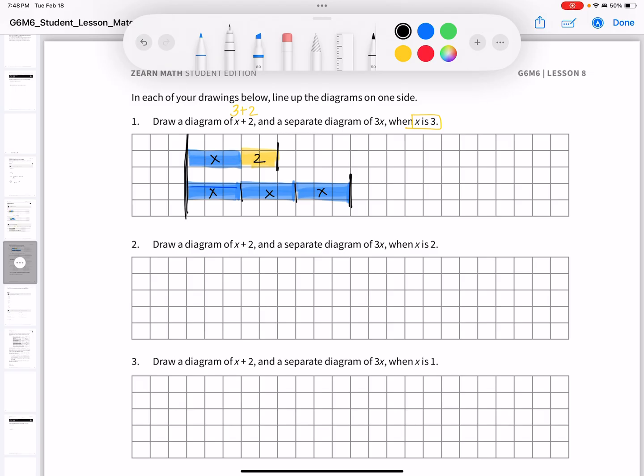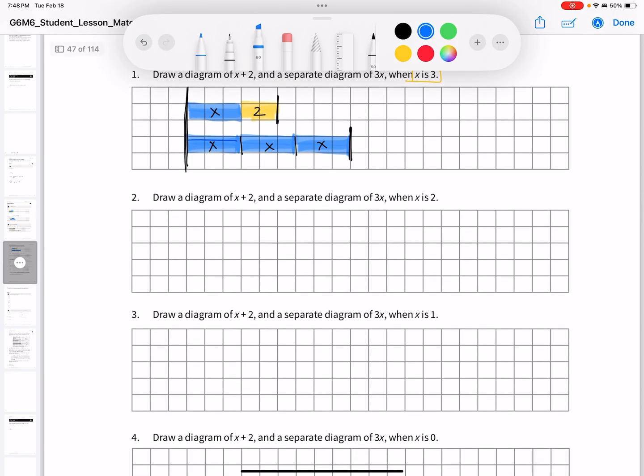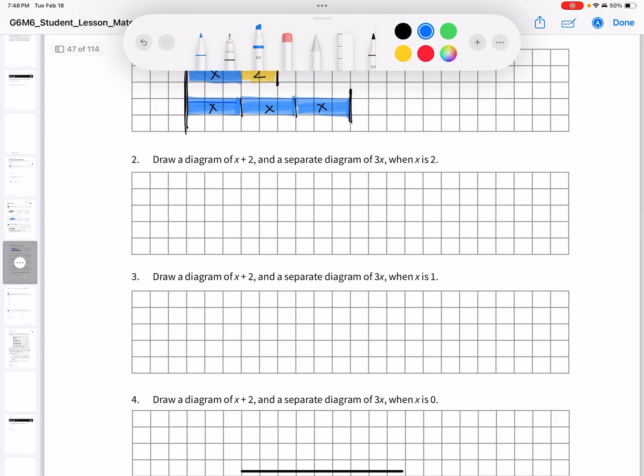Draw a diagram of 2 plus x and a separate diagram of 3x when x is 2. All right, so here we go. So we have x is 2, so I'm going to do 2, and then I'm going to do another 2, because this is x and this is 2. Then I'm going to do x 3 times, 3 groups of x, and x is 2.